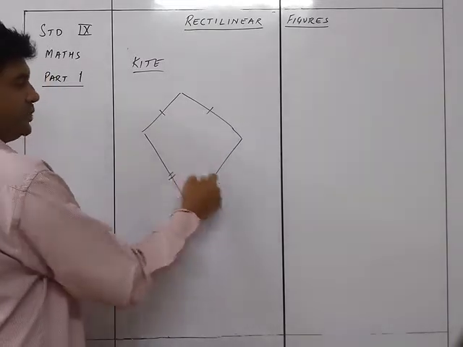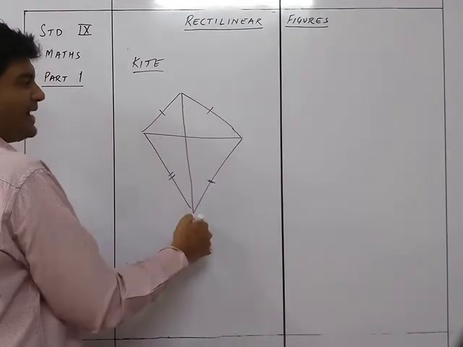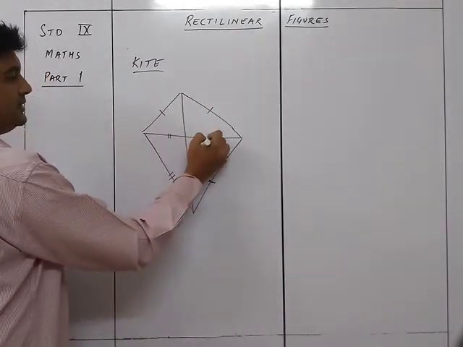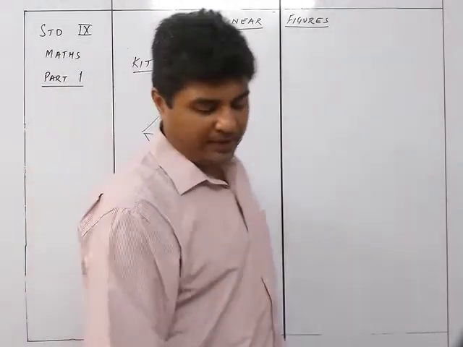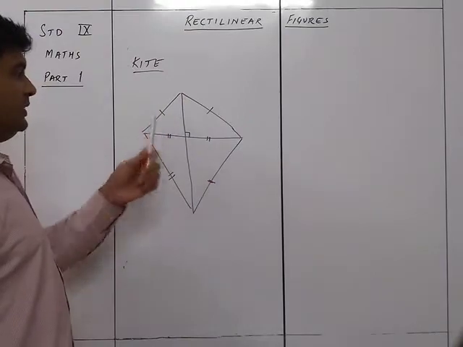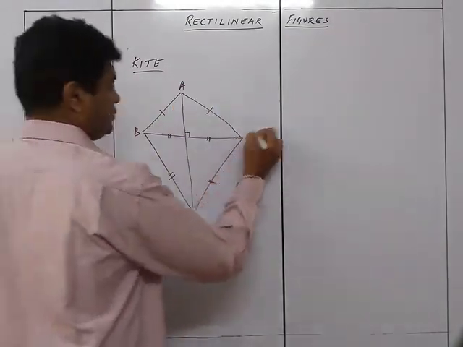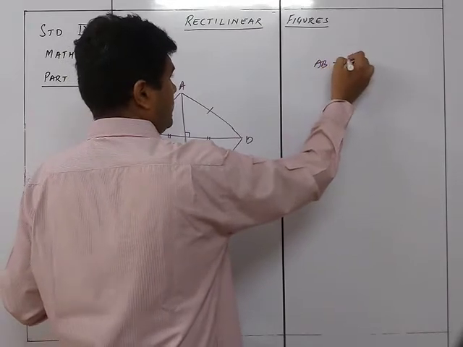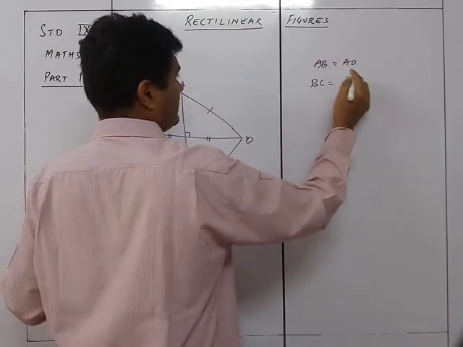So these two are equal, these two are equal, and the bigger diagonal bisects the smaller diagonal. Okay, so bigger diagonal bisects the smaller diagonal. These are the main things over here, that adjacent sides equal. So we can have over here A, B, C and D. So we have AB is equal to AD and BC is equal to CD.